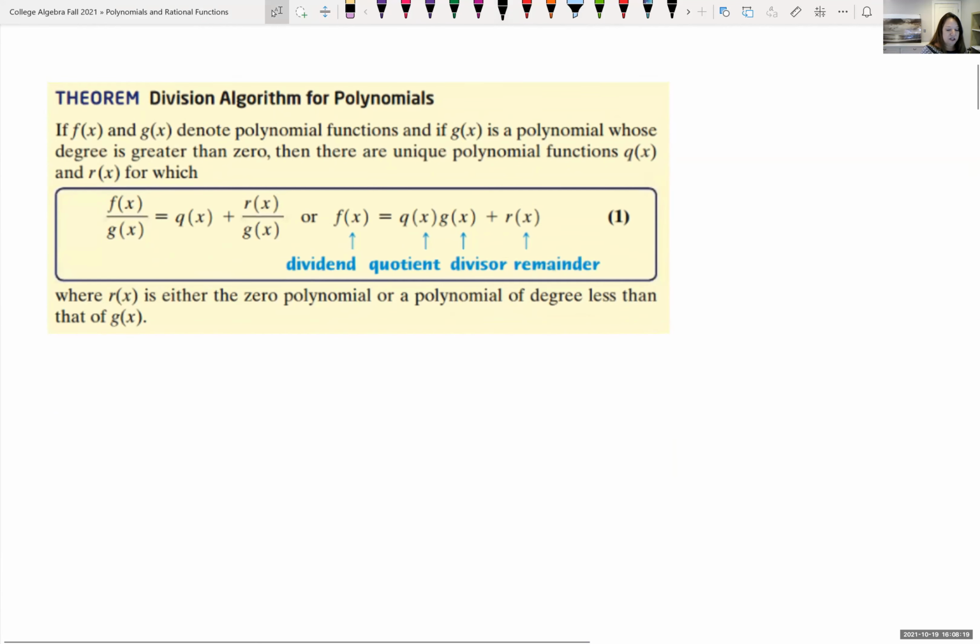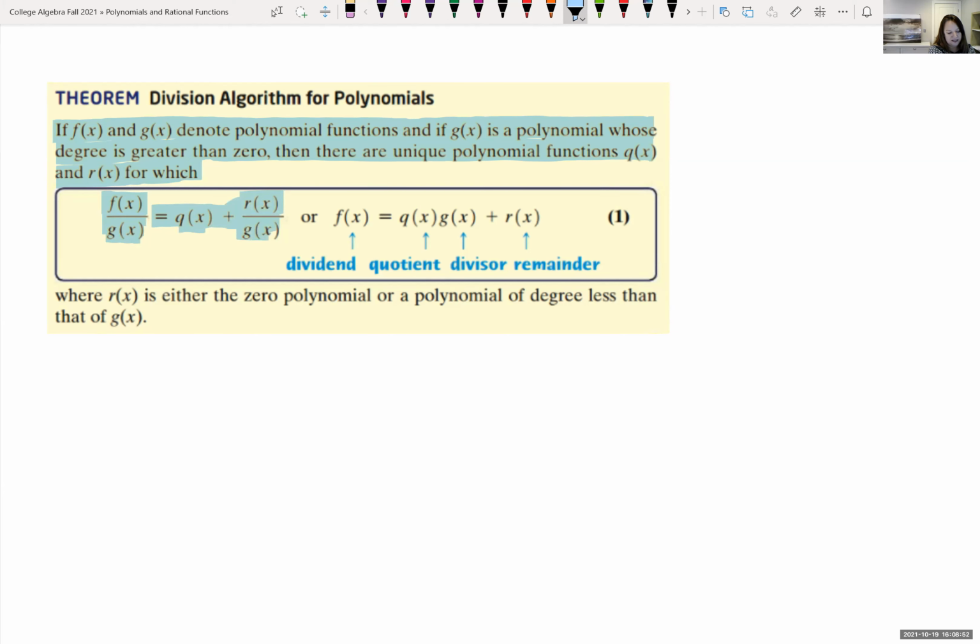So we have this division algorithm, and the division algorithm states the following. If f of x and g of x denote polynomial functions, and if g of x is a polynomial whose degree is greater than 0, then there is a unique polynomial function q of x and r of x for which, dividing f of x by g of x, this is equal to q of x plus r of x over g of x.